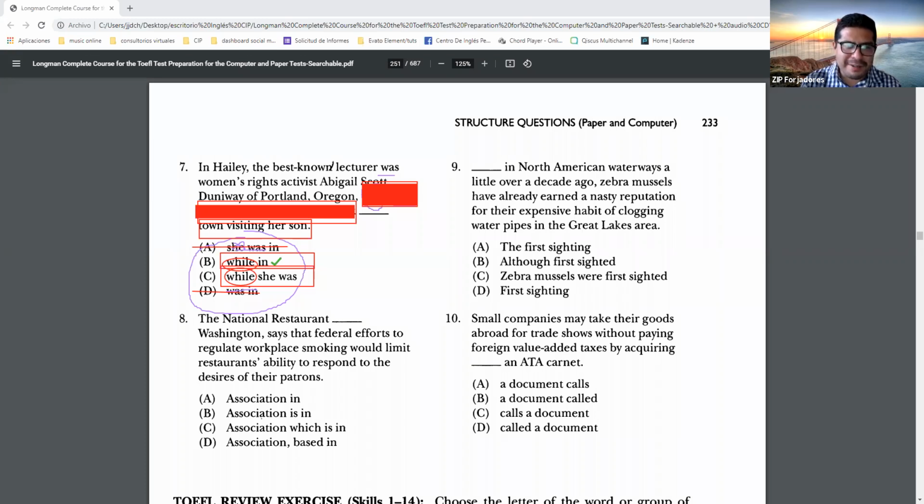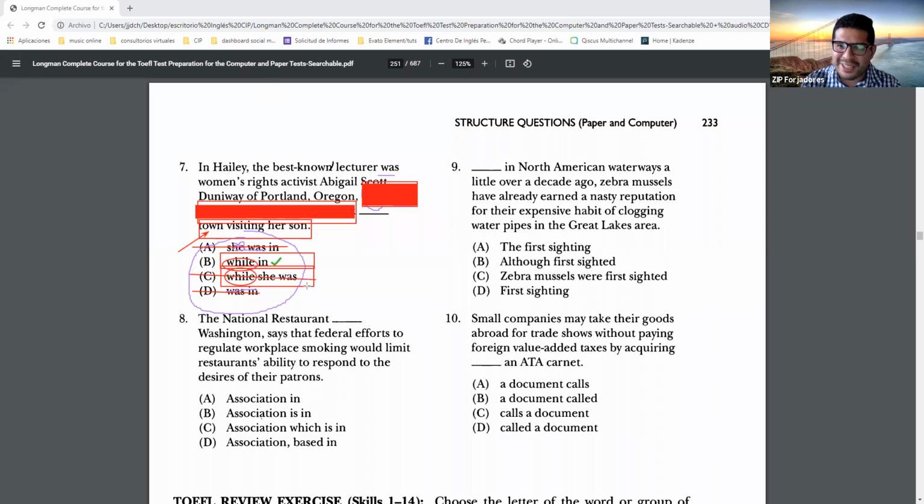Number 7 is letter B. So "while subject verb was" cannot be, because we have "town." If we don't put a preposition, that means that town is the subject of the action. So we have two subjects, town and she, and it cannot be like this because we need just one subject. So this one cannot be.